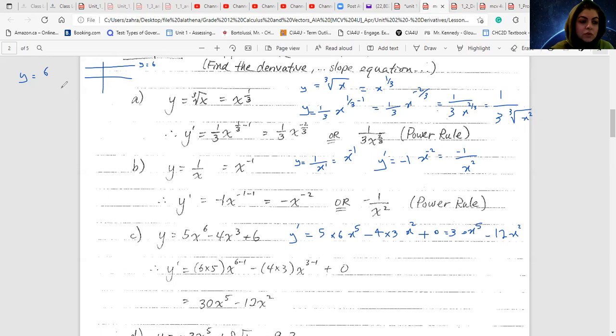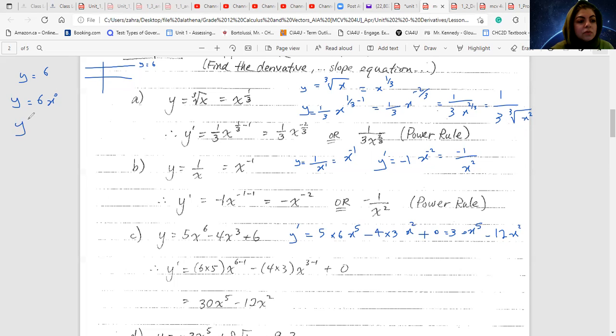Another way you could do it is just the rule. Here, y equal to 6 is your function. But what is the power of the x here? The power of the x is 0, because x to the power of 0 is 1. So basically 6 times x to the power 0 is the same as 6.